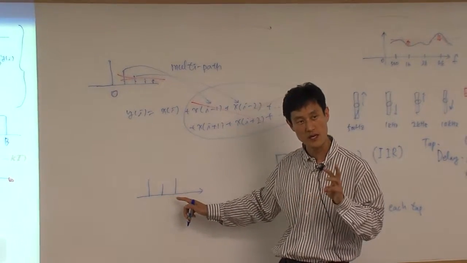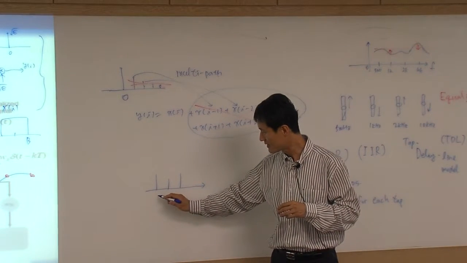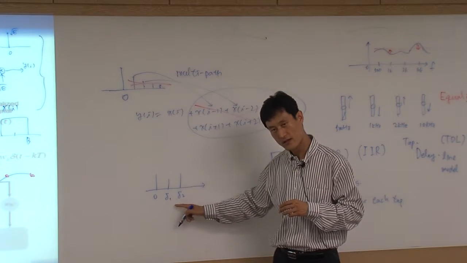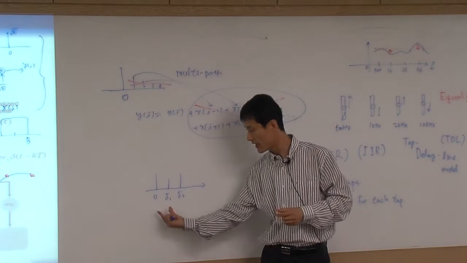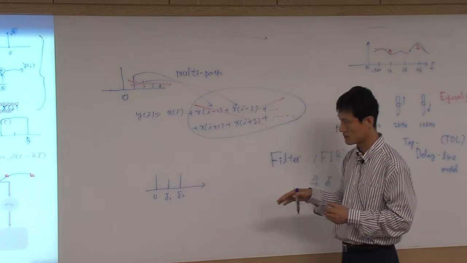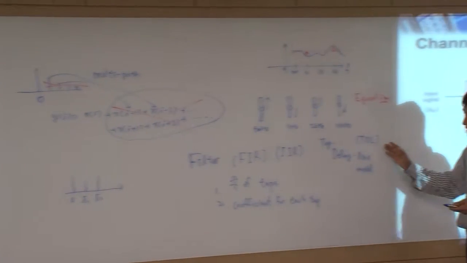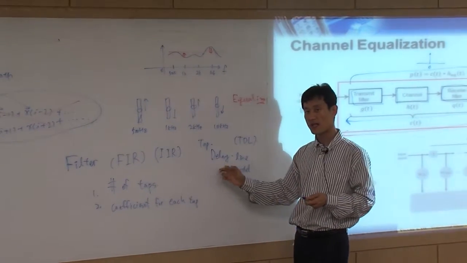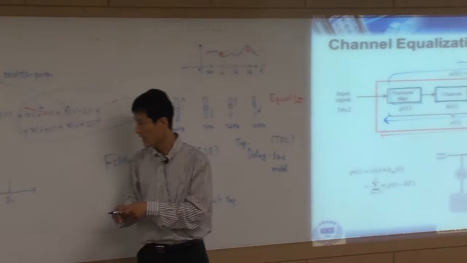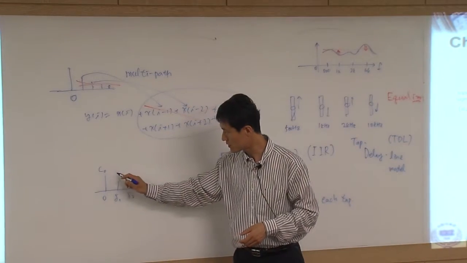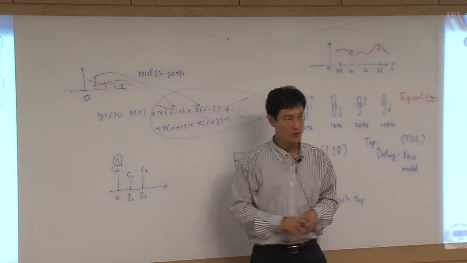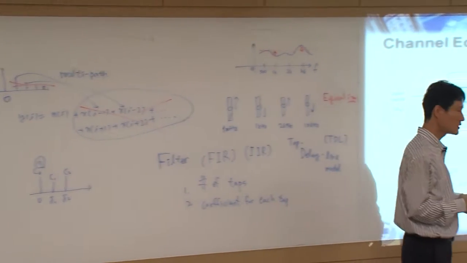In this case, we have 3 taps. Every tap has a delay, right? Delay line model. That's why we call this a tap delay line model. So based on this model, what we need to decide is how many taps and what is the coefficient for each one. What is this value for each one? That's all you need to decide for every filter.